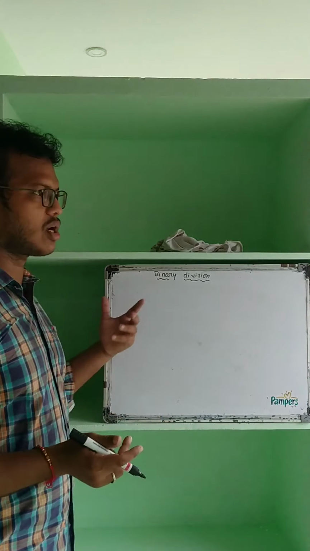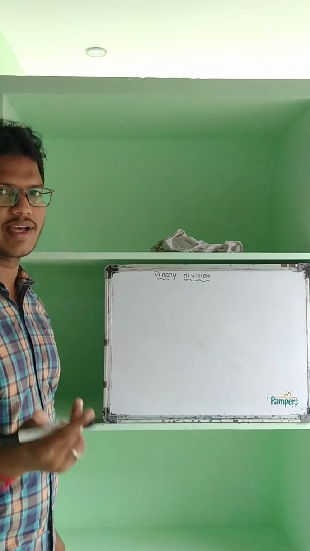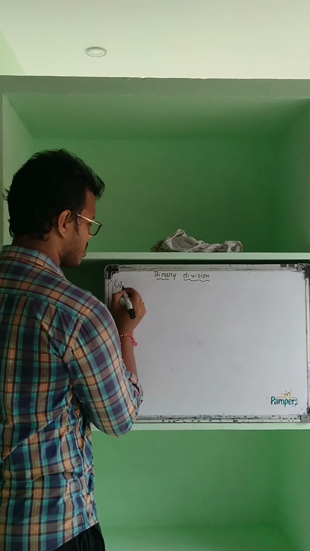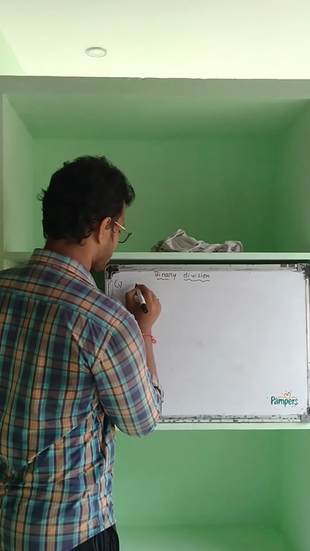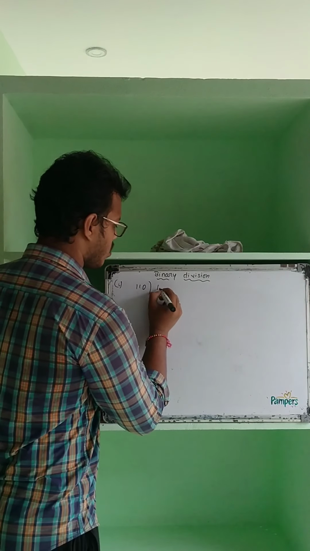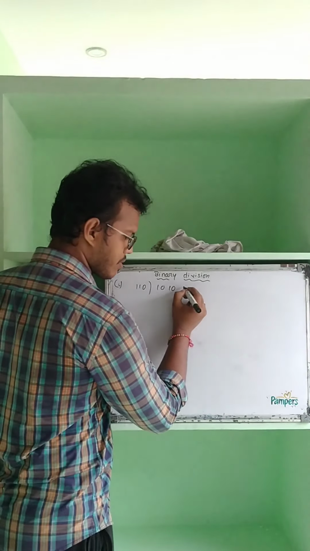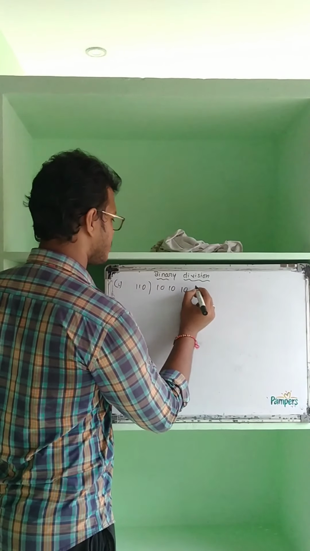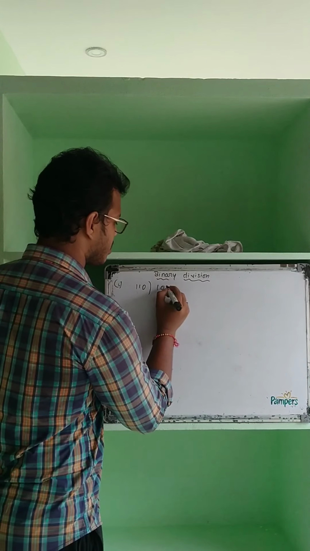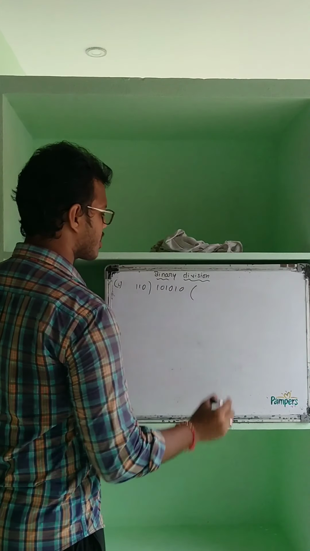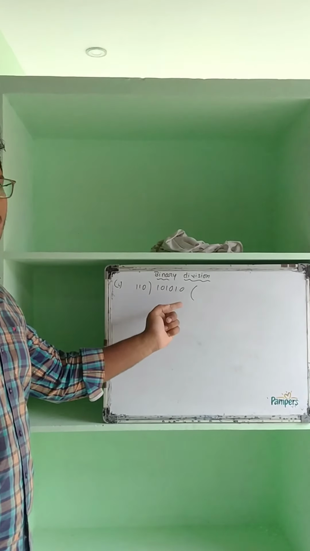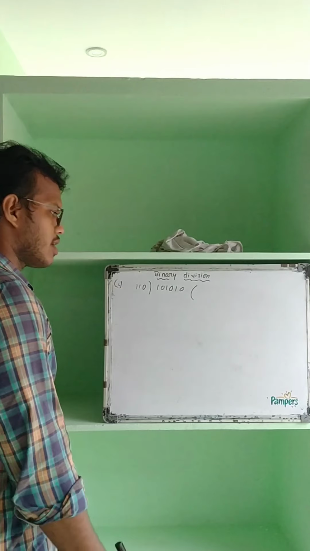Let us start with one example. 110 is going to divide 101010. There are no spaces between the two binary numbers. How is this binary number going to be divided? 101010. So let us see.